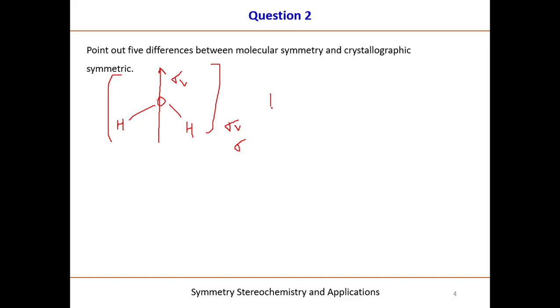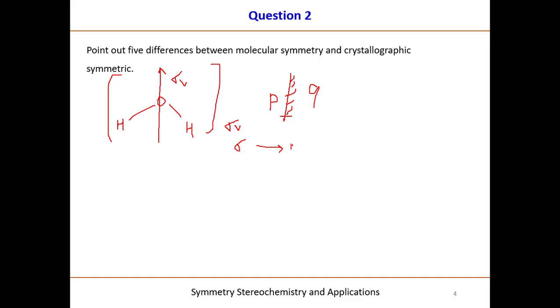In crystallographic symmetry, what will happen here? Suppose we have a molecule or lattice, and we pass a plane. What will we get here? This one, correct? And this one. So these are two mirror images of each other. So in crystallographic symmetry, the plane is denoted by M, mirror.